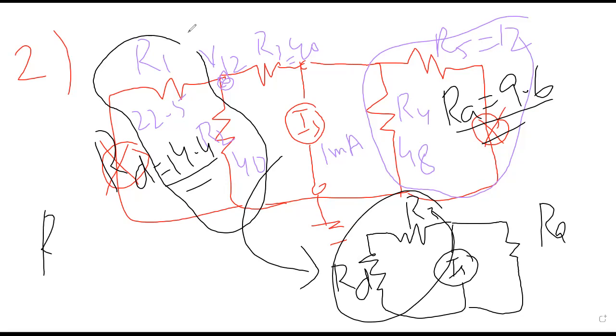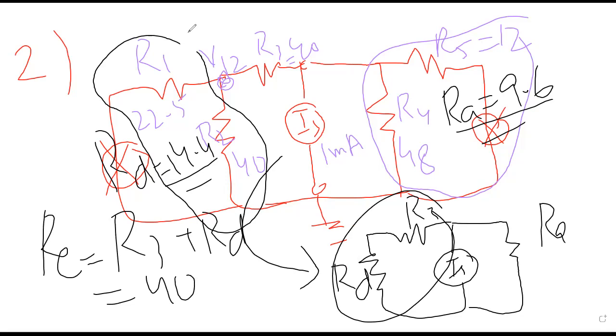So RE equals R3 plus RD. The value of R3 is 40, and the value of RD is 14.4. So RE equals 54.4. So R3 and RD are replaced with RE, whose value is 54.4.